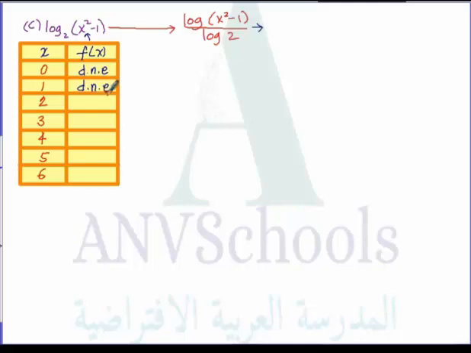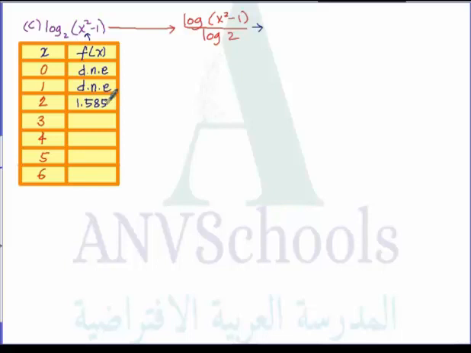Now if our x is equal to 2, then we would have log of x squared, so 2 squared, that's 4 minus 1, so log of 3. Now we have, for sure, a positive value divided by log of 2. So this is 1.585, rounded off to the nearest thousandths.